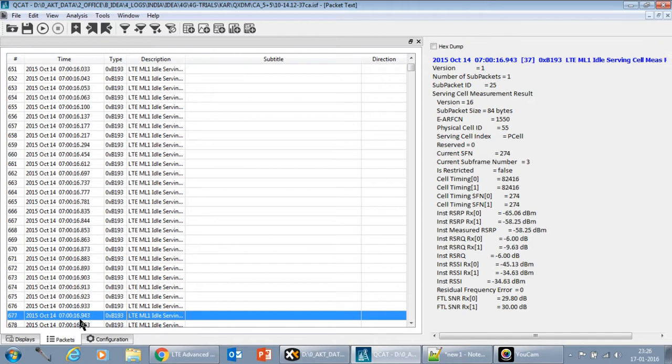I keep scrolling until I find the CA values. At that time, essentially you should see on the same TTI, same subframe, two values, one for the primary cell and the other for the secondary cell.